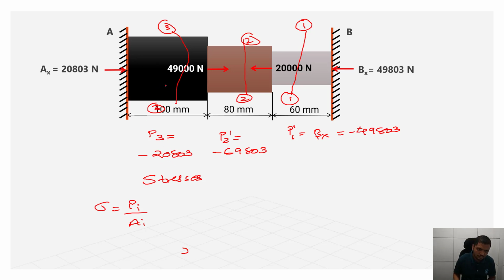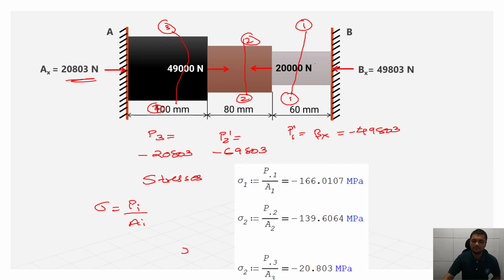That is also cross-verified with this, so equilibrium is achieved. So the stress in the first component we can get as force 1 upon area 1, which is 166, then 139, and minus 20 megapascal.